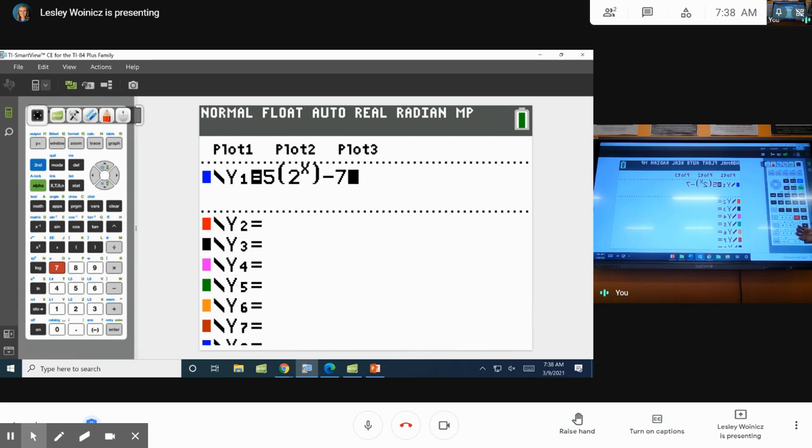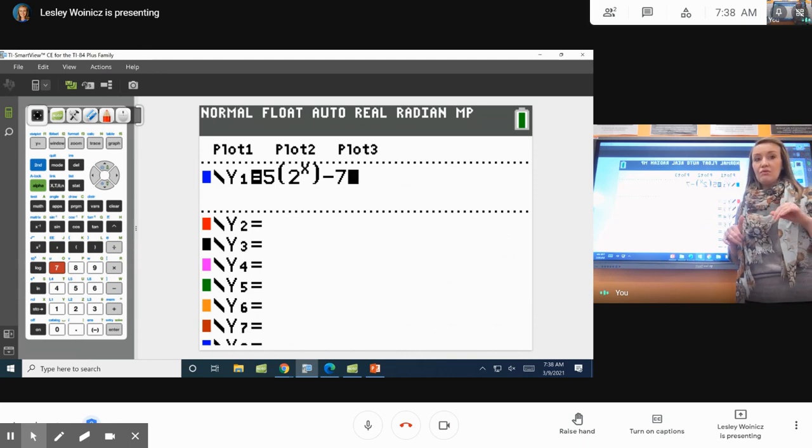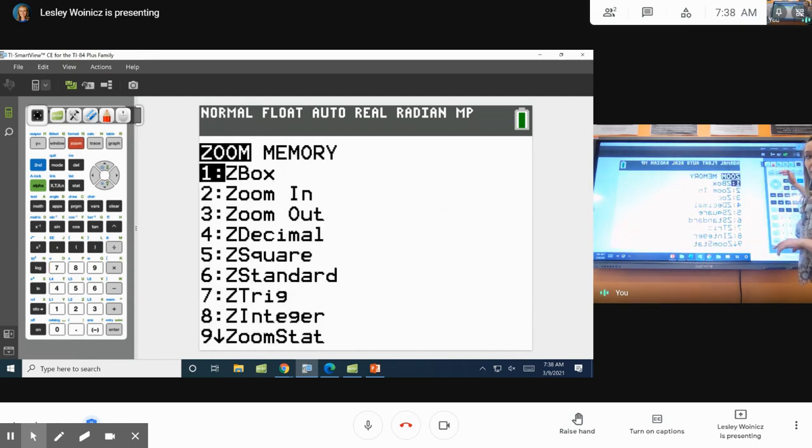And we want to make sure that you get a nice, pretty graph. So you can change your window by going to Zoom 6 and picking the standard window. I'm going to hit Zoom up here at the top row and pick 6 for standard.